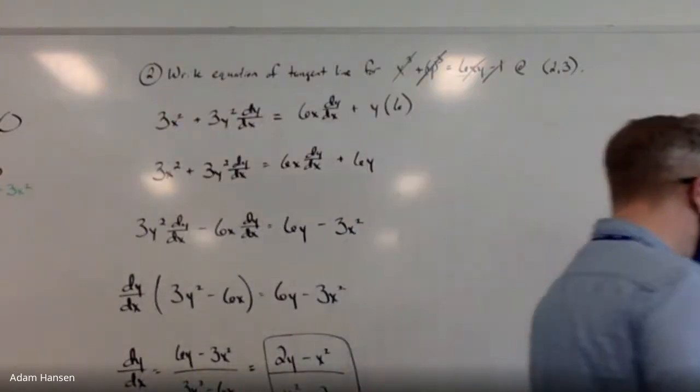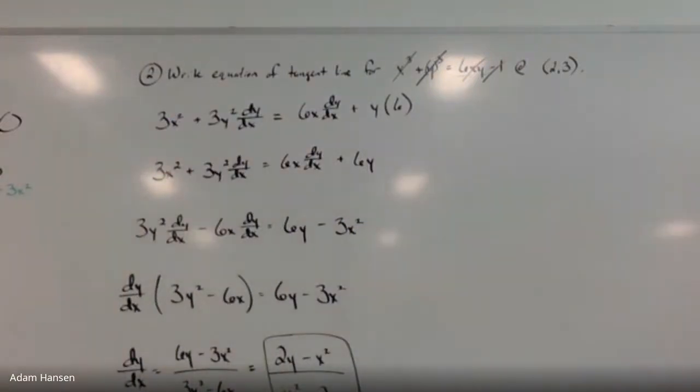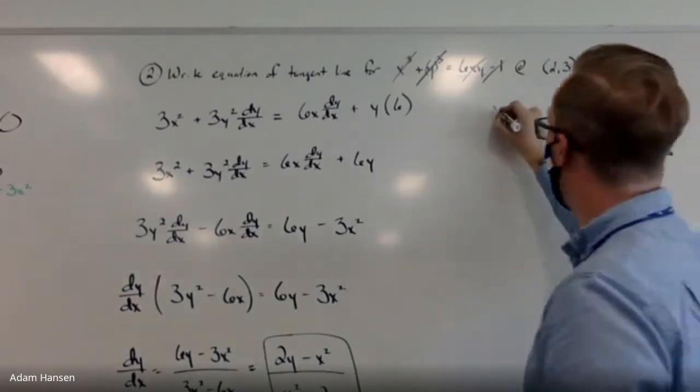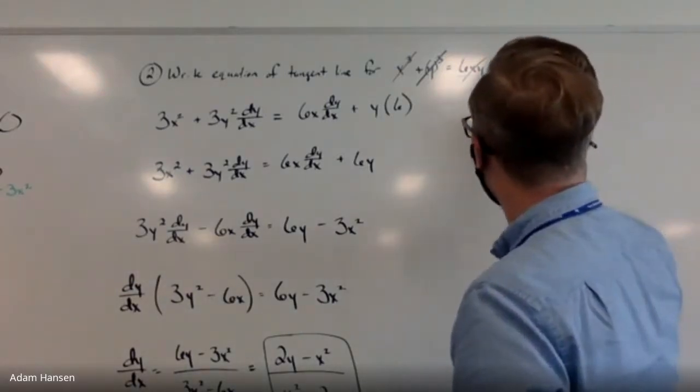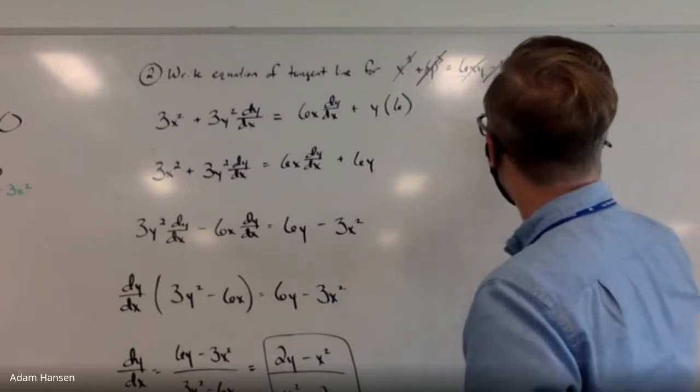There is a formula for us to find the slope of the graph at any point by plugging in the coordinate x and y. What point do I want to find the slope at? 2, 3. So plug in 2 for every x and 3 for every y. Let's evaluate dy/dx for the coordinate 2, 3.